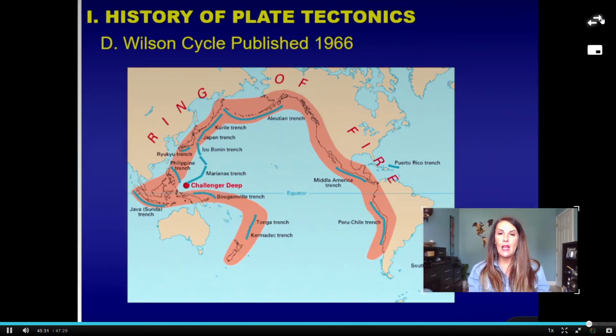So after the Wilson cycle was published in 1968, it became a theory. And the reason why it became a theory is because in the world of geology, this kind of tied in so many different concepts that everybody became in agreement. So when we were curious as to why mountains were on the edge of continents, well, those are on convergent plate boundaries.